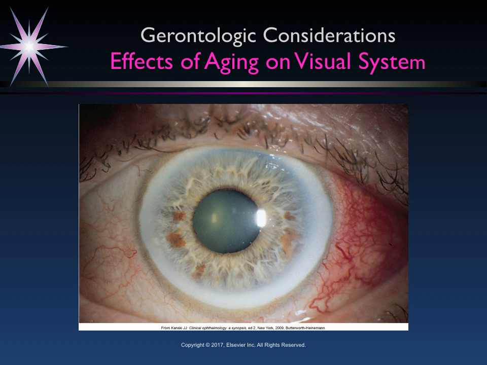But if you have cataracts or glaucoma, which can also be part of the aging process, or macular degeneration, which is also affected by changes in perfusion to the eye, those things can cause serious loss of vision.